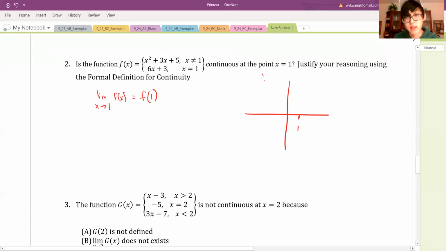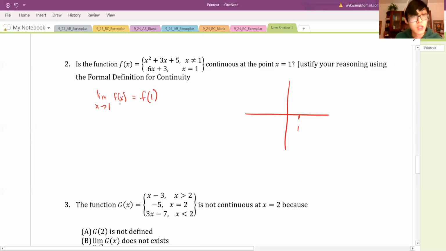So it would look like this, or something like that. But at x equals 1, it's some other random point. Now we don't know where this point is. It could be over here. It could fill in the hole and fit perfectly. Or it could be way over here at x equals 1. We don't really know. So that's how we visualize it.